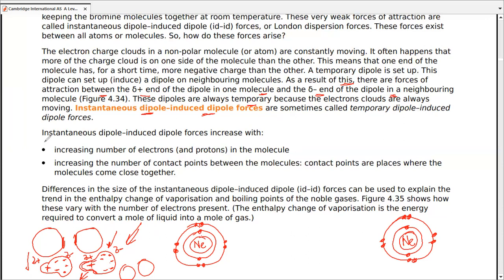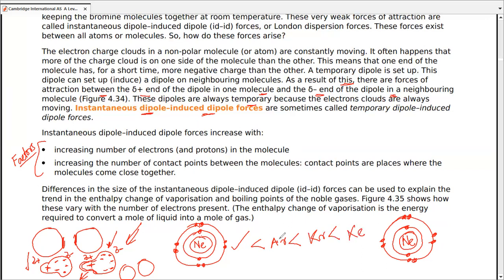And they are actually affected by two factors. Now we are discussing both the factors they are affected by. Number one, increasing number of electrons and protons in a molecule. The bigger this electronic structure or cloud is, the greater the attractive or repulsive forces. So there would be fewer attractive or repulsive forces in neon, greater in argon, of course greater in krypton, and greater in xenon, so on and so forth.